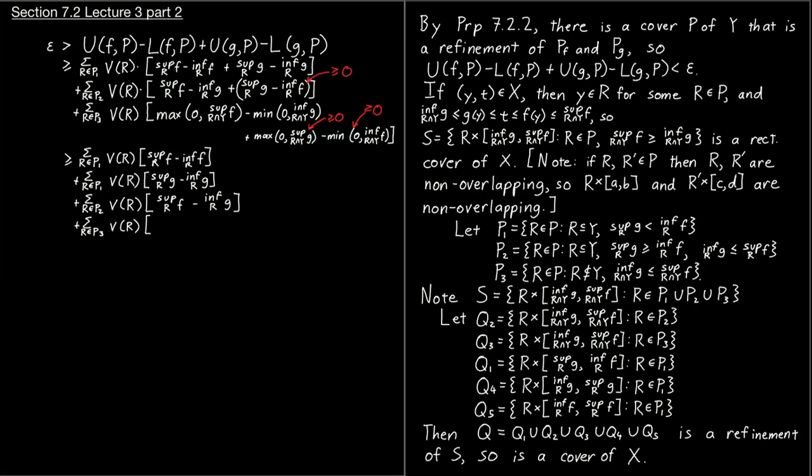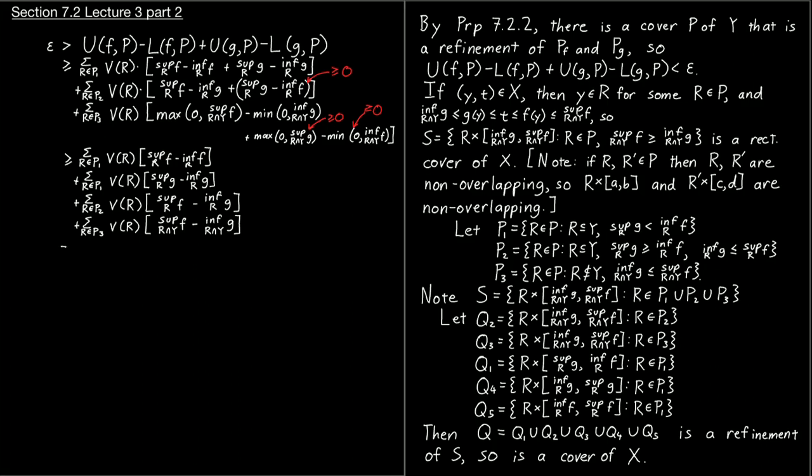And then whichever is bigger, 0 or supremum of f, that's certainly bigger than the supremum of f minus the infimum of g. I can get rid of our supremum with a maximum and minimum with 0.